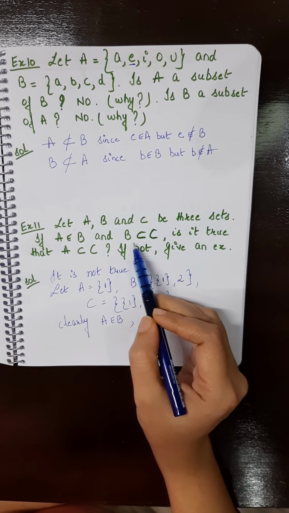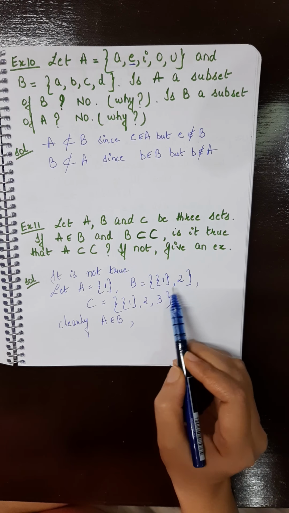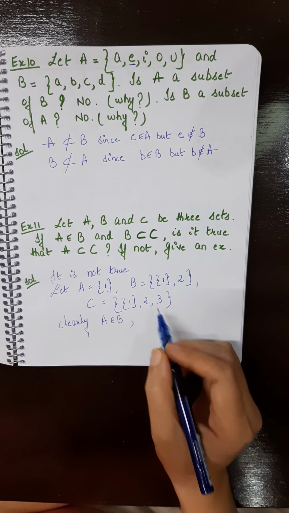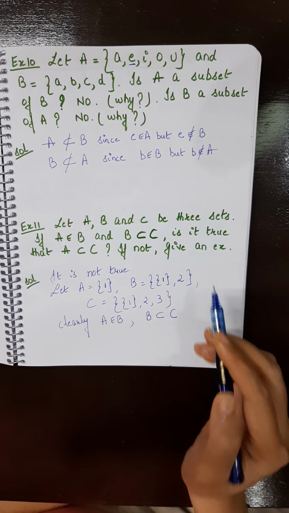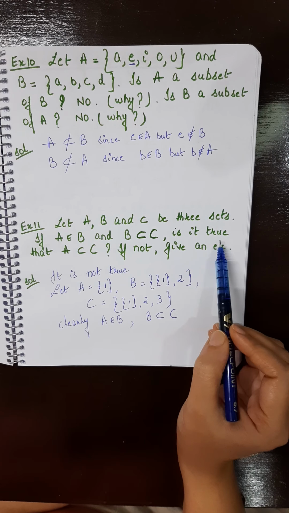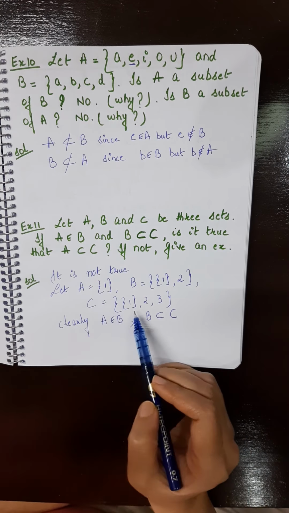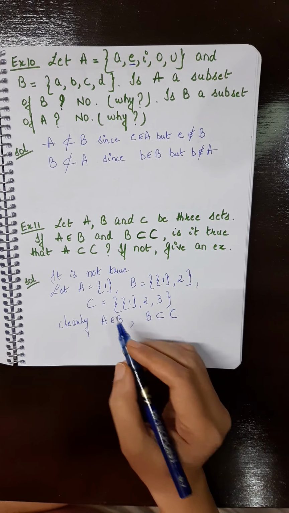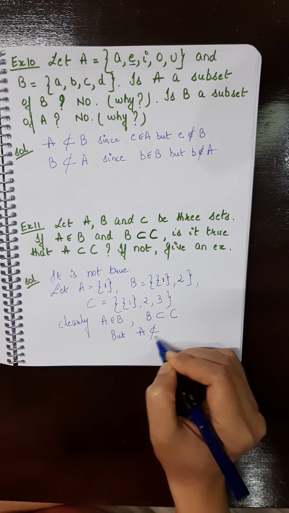Next, B is contained in C. Yes, because every element of B is an element of C. So B is contained in C. But it is not true that A is a subset of C. What about A and C? A is not a subset of C.